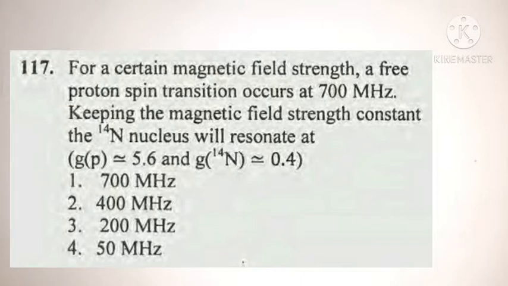So we must find the resonating frequency of the 14N nucleus. We have certain data in this question, and this question is asked for 4 marks. So let's do the solution of this question, friends.